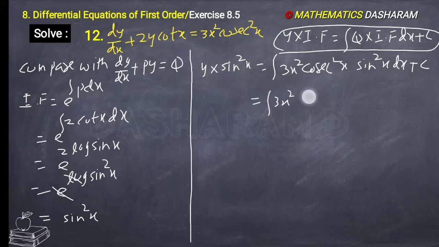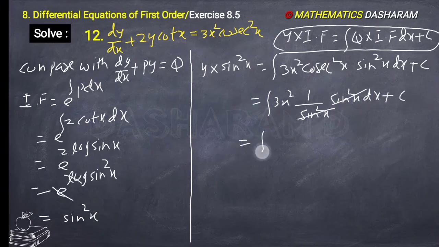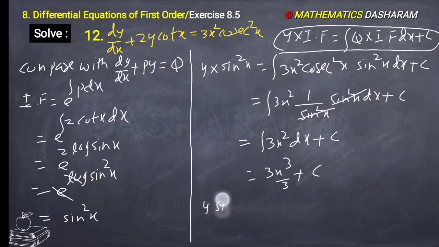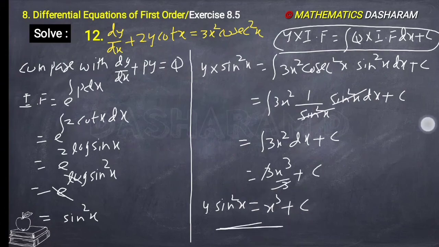So 3x square into 1 by sin square x into sin square x dx plus c. Yeah, both are cancelled. 3x square dx plus c. So 3x square means 3x cube by 3 plus c. So then y into sin square x equals to x cube plus c is our required answer.